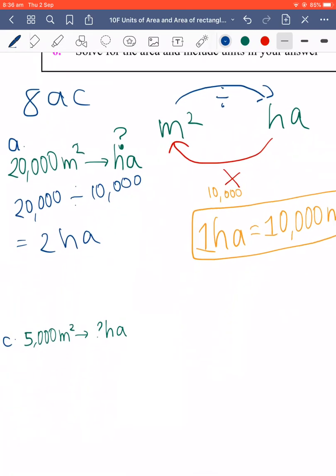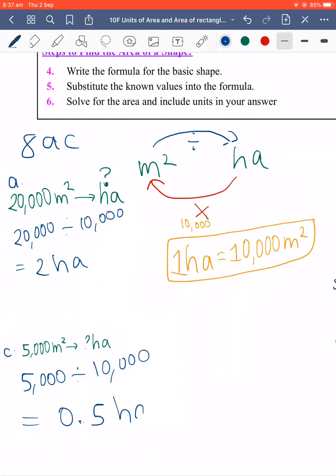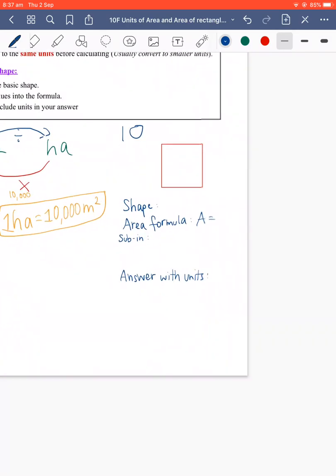Nice, simple, straightforward. Again, similar thing. We're going from meters squared to hectares. So I am going to be dividing. So this time I have 5,000, and I'm dividing it by 10,000, which gives me my answer of 0.5 hectares, or half a hectare if you'd like.